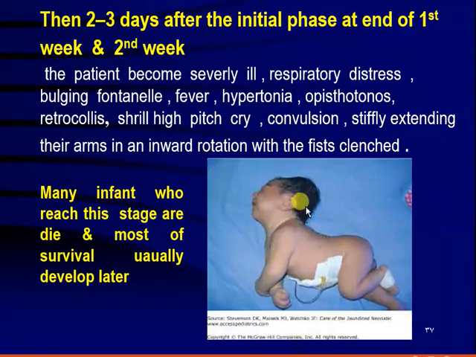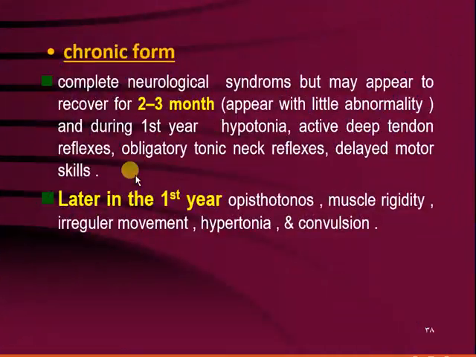Here you can see the fist clench in the hand, and the arching of the neck and the arching of the back. This is called opisthotonus and retrocollis.